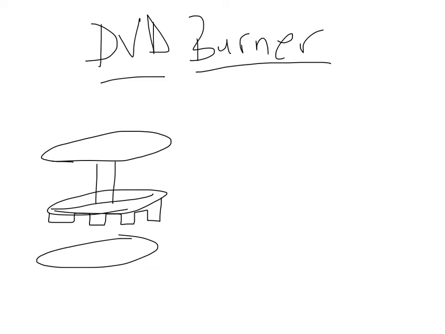They do actually burn the surface. And so inside the DVD burner, there's a little laser that shines on the DVD. At places where the DVD needs to read zeros, it'll actually burn a mark on the DVD so that all of the laser light is absorbed at that point and none of it is reflected.